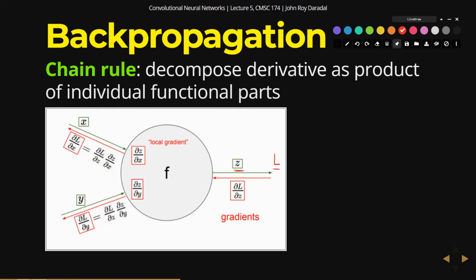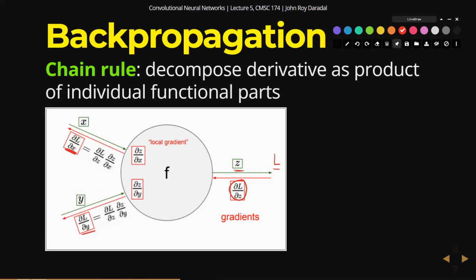What we want also is the derivative of the loss with respect to the weights x here and the derivative of the loss with respect to the weights y. But we only have the derivative of the loss with respect to z.